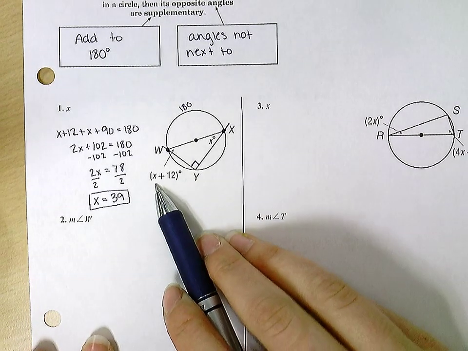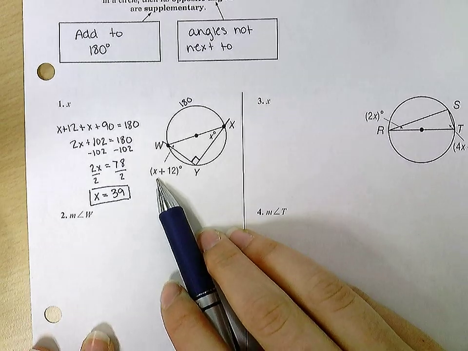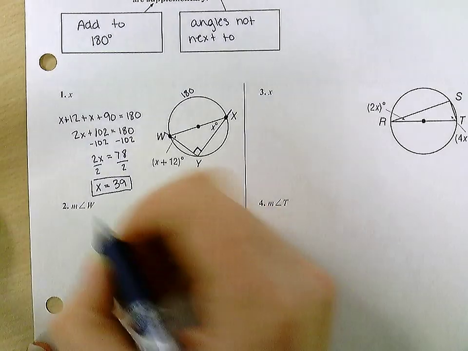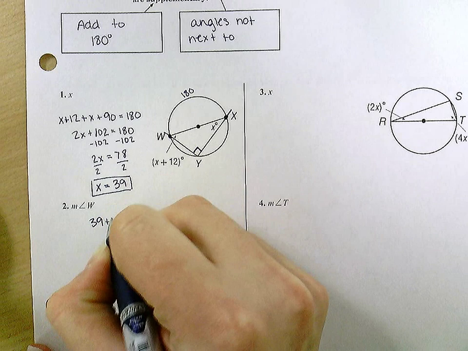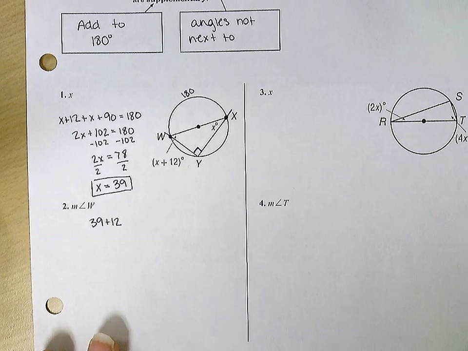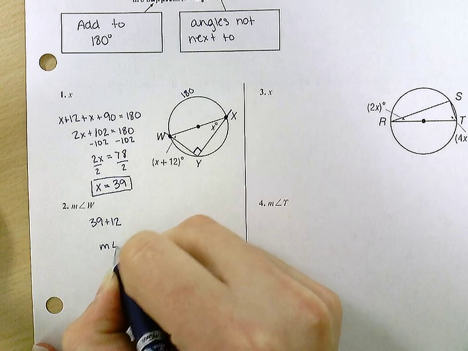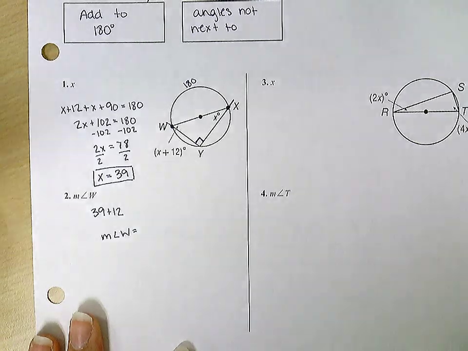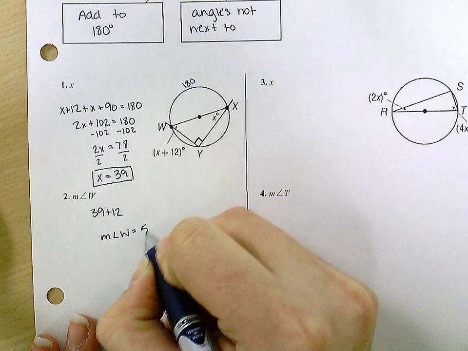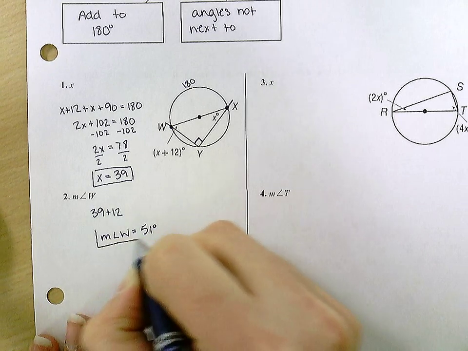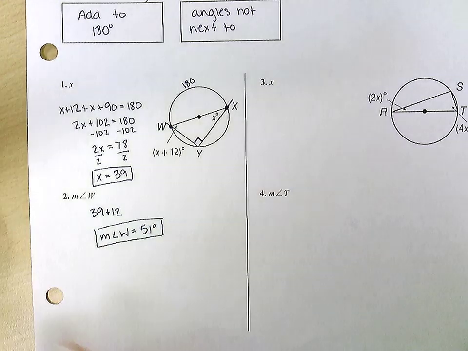Well, I already know what X is, so I'm going to plug in 39 for X. So we have 39 plus 12. So the measure of angle W would be 51 degrees.